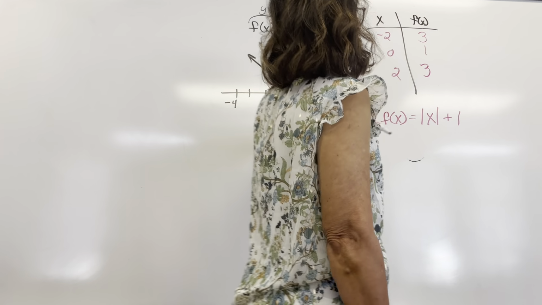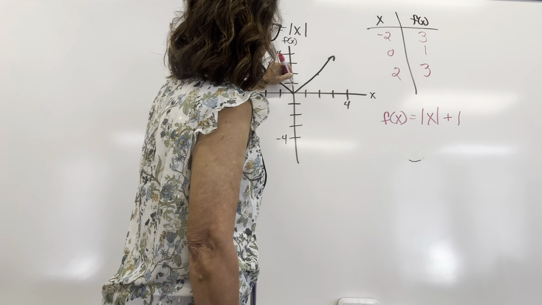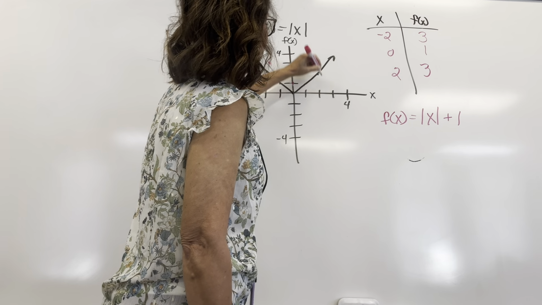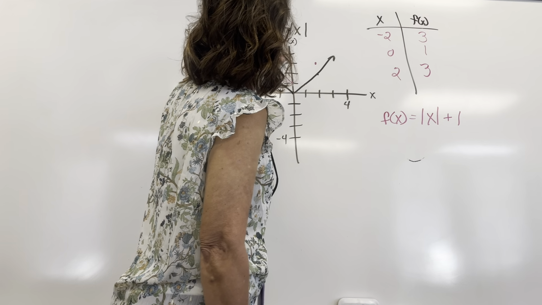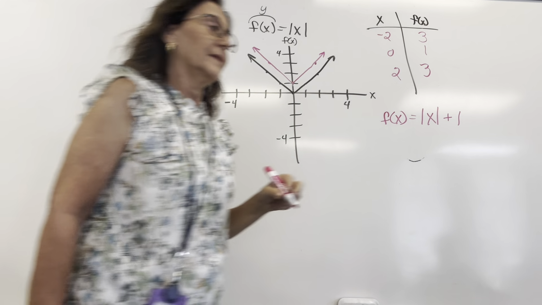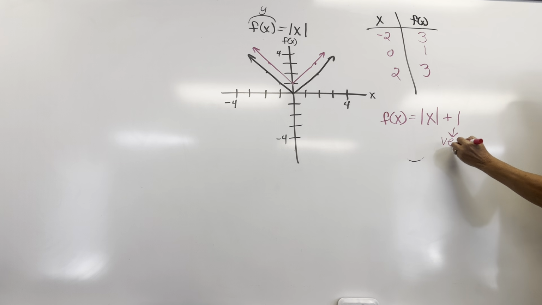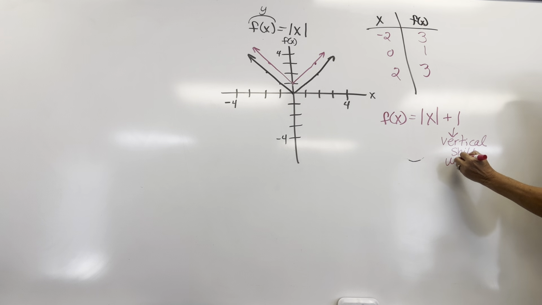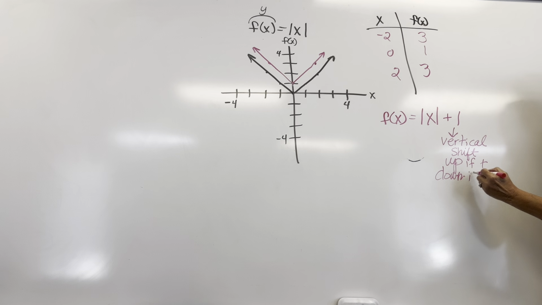All right, now let's look. This is negative 2, 3, 0, 1, and 2, 3. This 1 is called a vertical shift up if it's positive. It's down if it's negative.